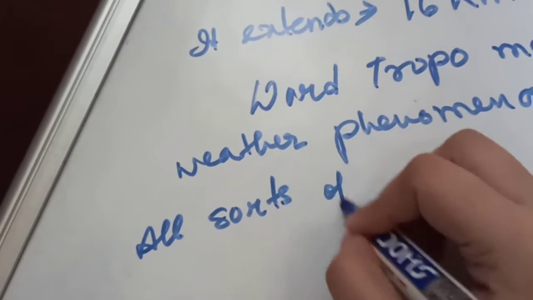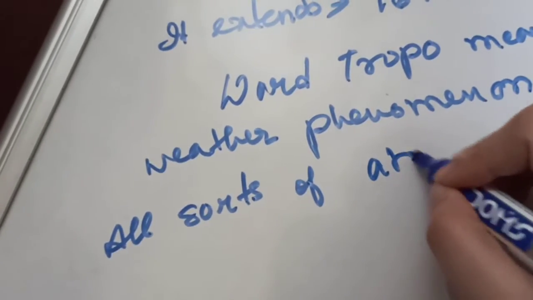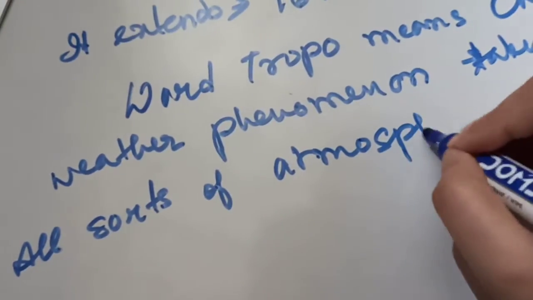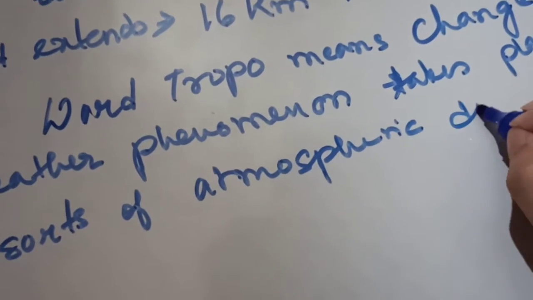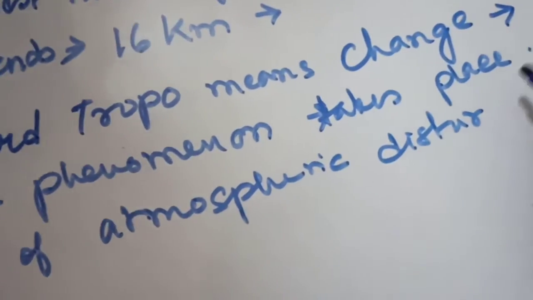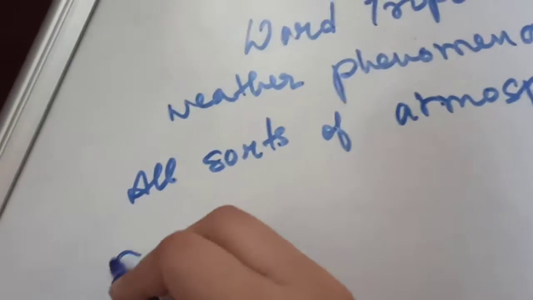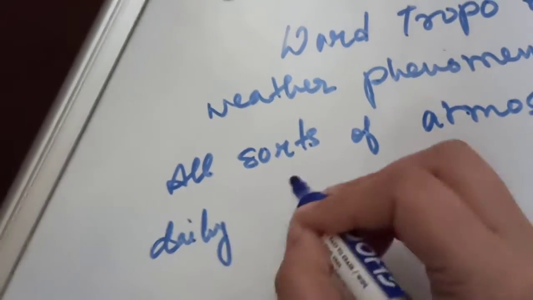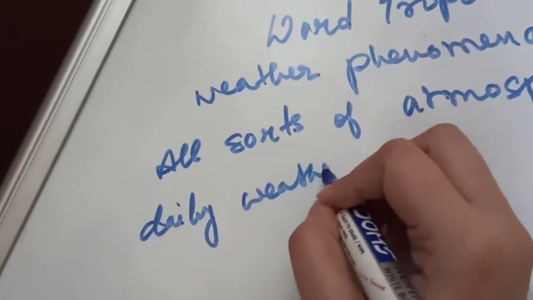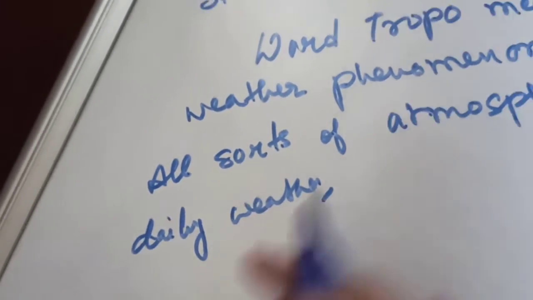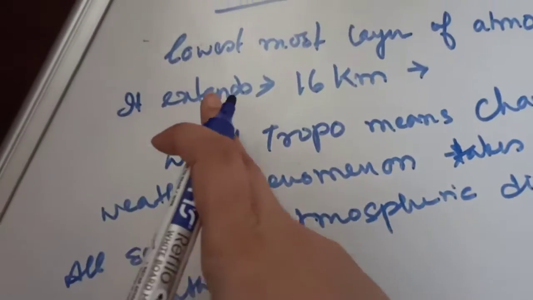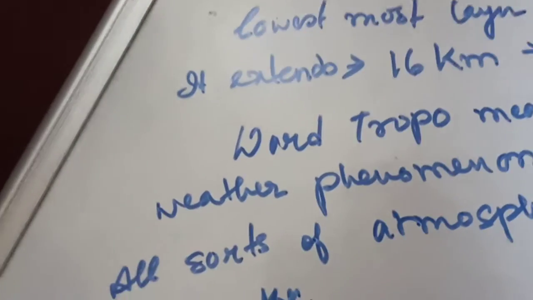Almost all sorts of atmospheric disturbances and the changes in the daily weather take place in this troposphere layer.